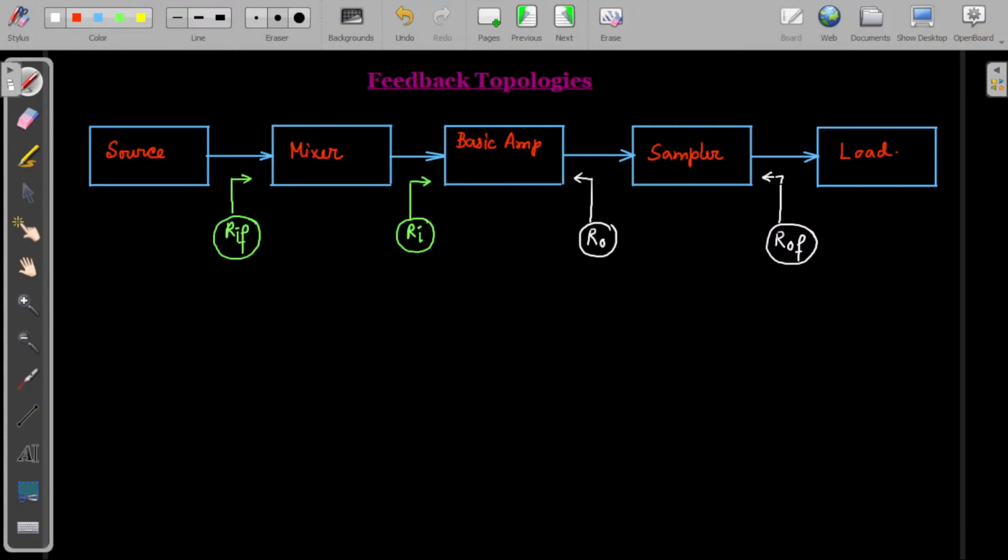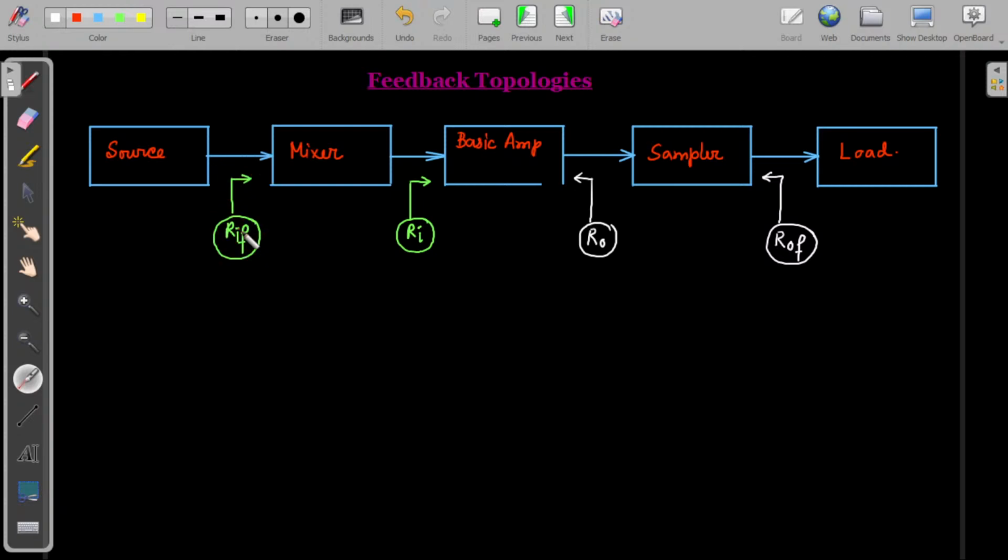So this is how the input and output impedances are there, where RI is the input impedance of the basic amplifier, R0 is the output impedance of the basic amplifier, R0F is the output impedance of the total feedback amplifier and RIF is the input impedance of the total feedback amplifier.